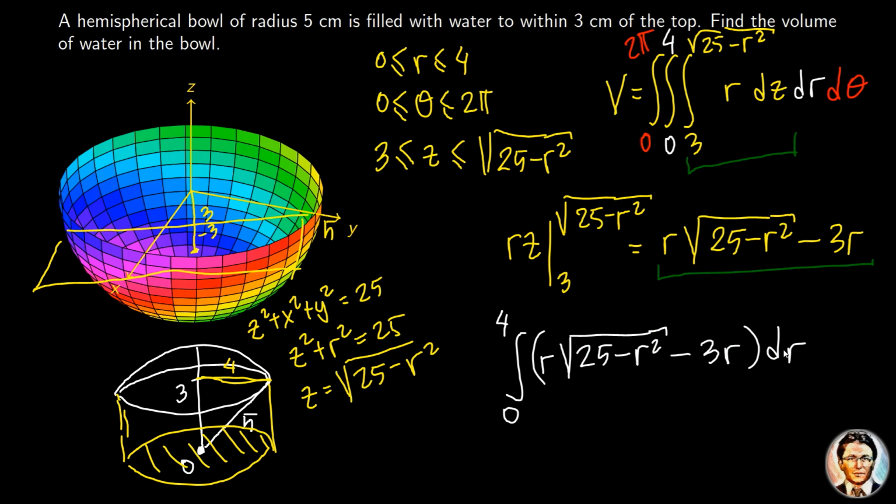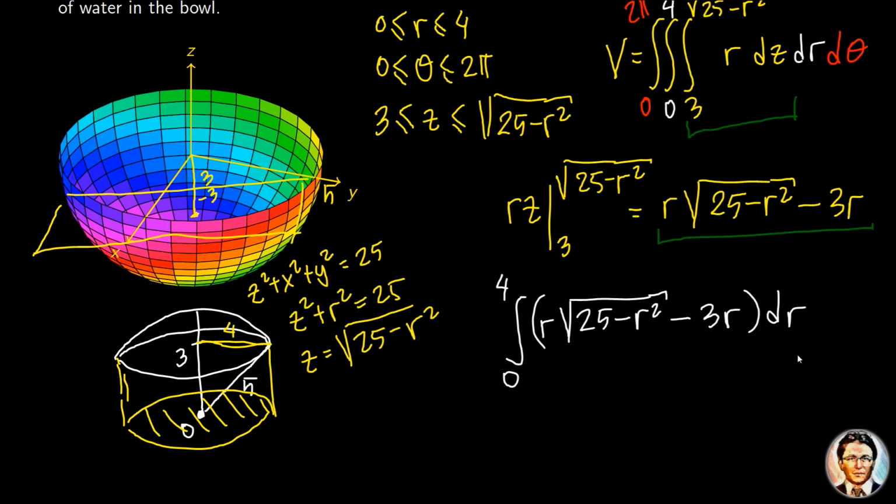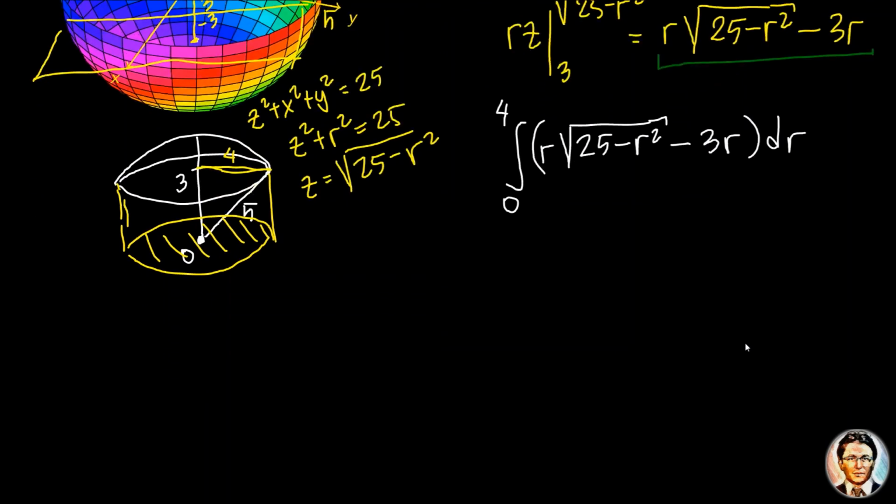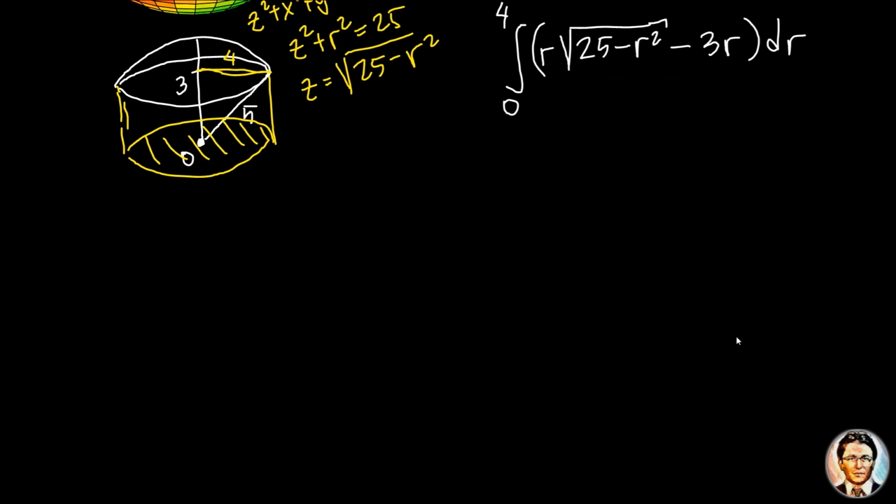Let me split it into two integrals and calculate separately. So for the first part of the integral, 0 to 4, r times square root of 25 minus r squared dr, I will use a substitution.